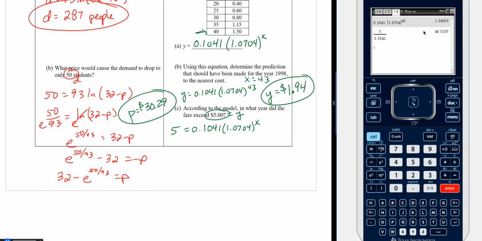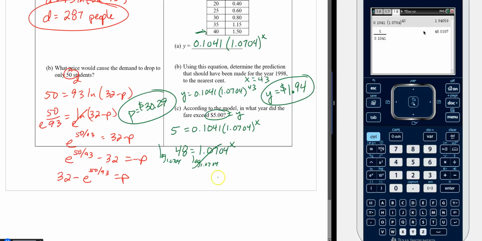You could also graph this and use the table to figure that out. I've got 48 equals 1.0704 to the x. I'm going to take log base 1.0704 of both sides. So the number of years is going to be log base 1.0704 of 48.